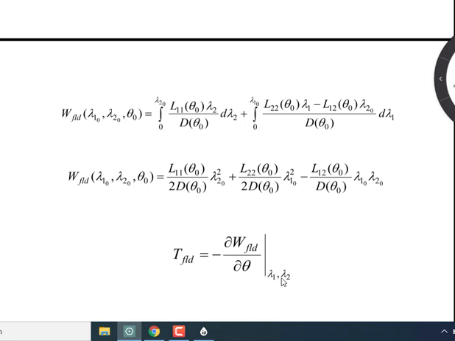Now one thing you must notice is that here the torque is dependent on keeping lambda 1 and lambda 2 constant, and that is quite obvious. Why? Because if you consider a separately excited DC machine, you can easily understand this. If you weaken your field current, or reduce the current flowing through your armature, in both cases the torque produced will be reduced. Why?